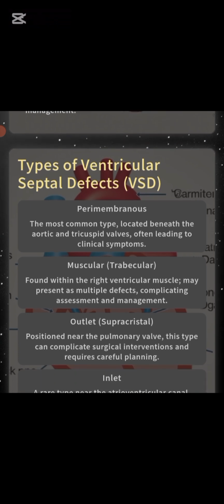Types of ventricular septal defects: perimembranous, the most common type, located beneath the aortic and tricuspid valves, often leading to clinical symptoms. I will show you the diagrams and the real echo clips after this. Muscular or trabecular, found within the right ventricular muscles, may present as multiple defects, complicating assessment and management.